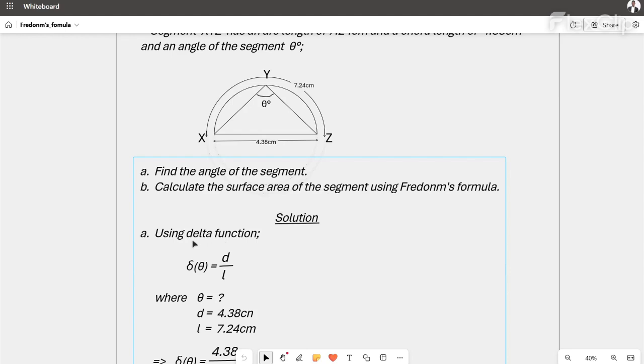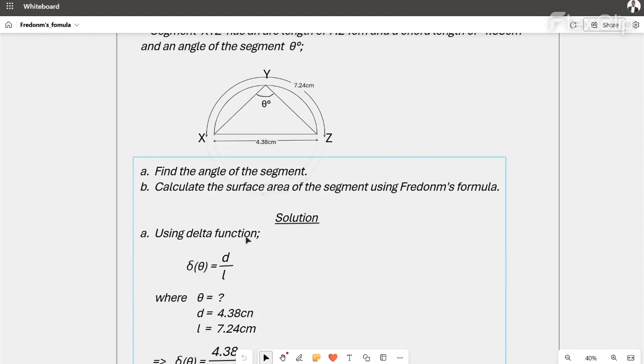In case you don't know what it is, you can watch our previous video where we discuss this delta function so that you will see what the function is and what it is used for. Actually, delta function in a nutshell is nothing but a ratio of the chord length to the arc length of a segment. So it shows the relationship between the arc length, the chord length, and the angle of the segment, as you can see here.